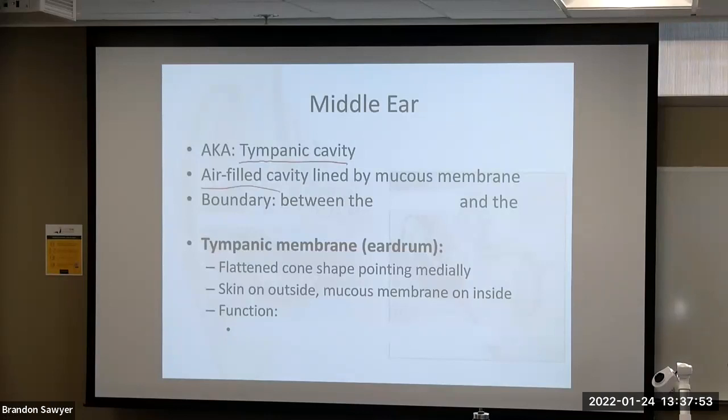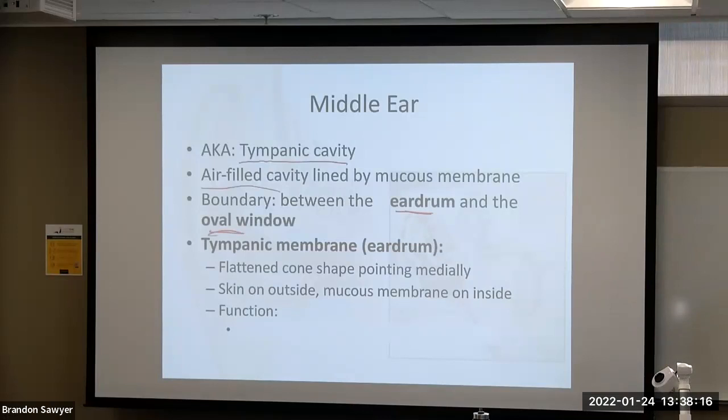It's lined by mucous membranes all throughout. It's between the eardrum, also known as the tympanic membrane, and the oval window, which is on the internal ear side. Both are little membranes that act like little speakers, and we'll talk more about how that works in a sec.